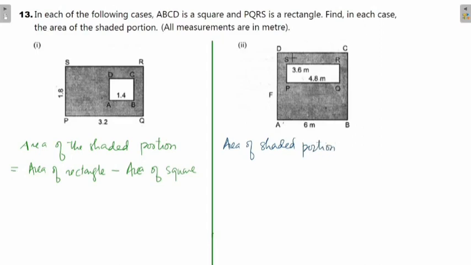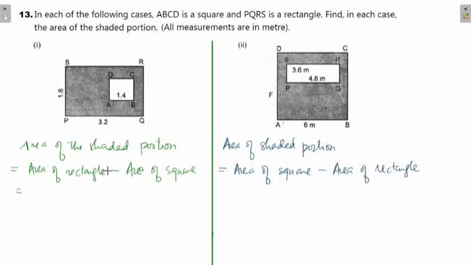All of you see that in this figure, which one is the bigger figure? Obviously the square is bigger, so that's why here I need to write the area of the square in front. And I'll write the area of the rectangle later because the rectangle is smaller.